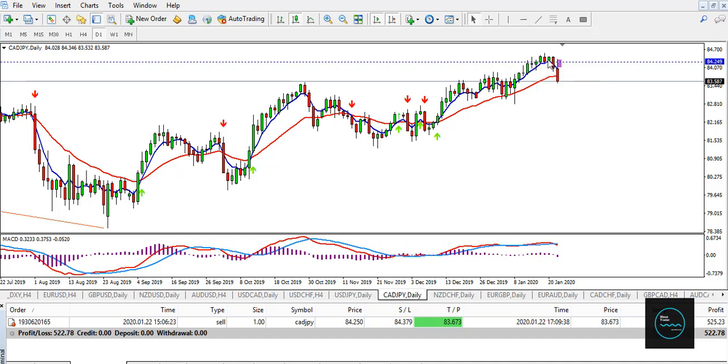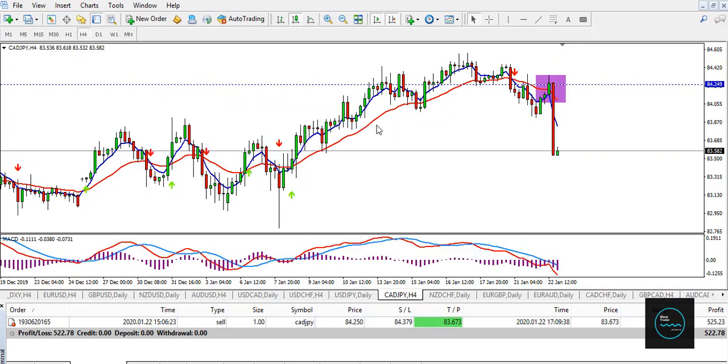Even though we are in an uptrend, I know that this could push the market down a little bit. So I went lower to the 4-hour chart, and I saw that we already had a wave top situation here, and you can see a very defined negative divergence here, and I'm just going to mark that out for you guys.